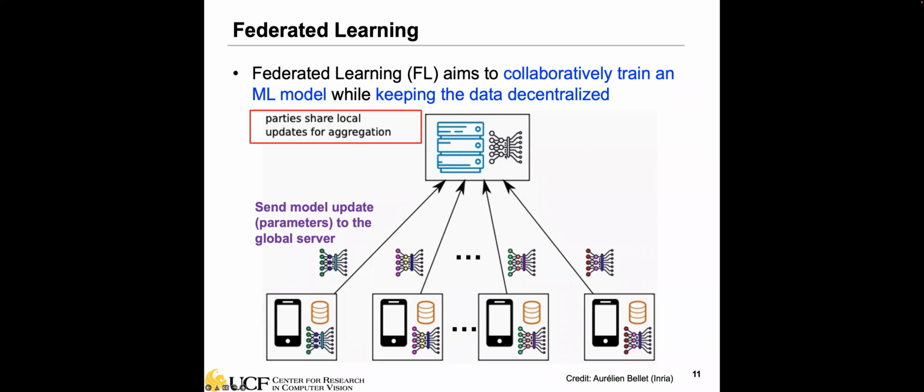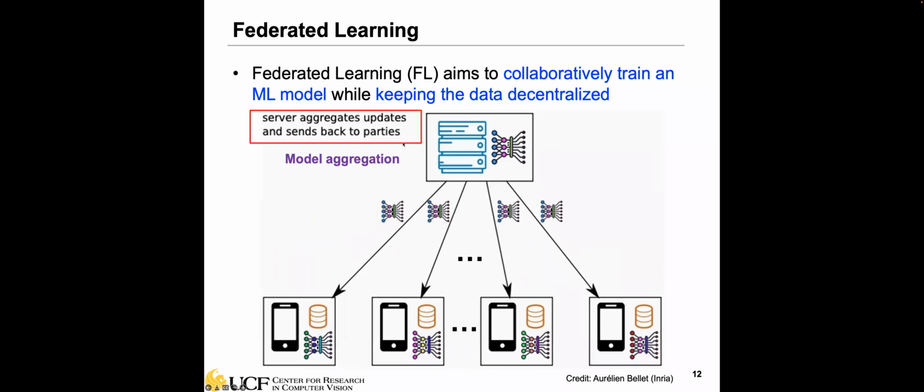The server will receive n copies of the model parameters if there are n clients participating in the federated learning, and the server will do the model aggregation.